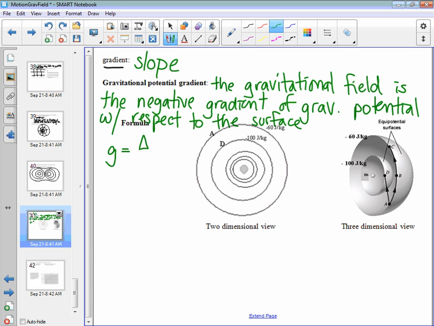What that means is that little g is equal to negative delta V over delta r. Calculus is just slope, the derivative.